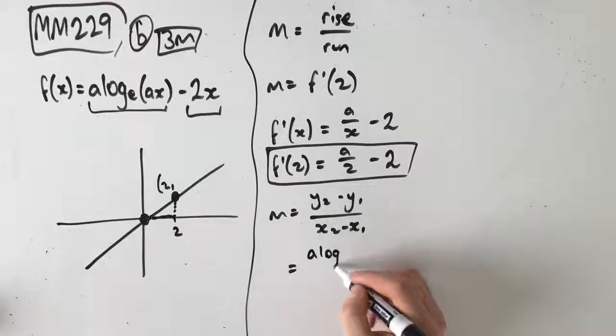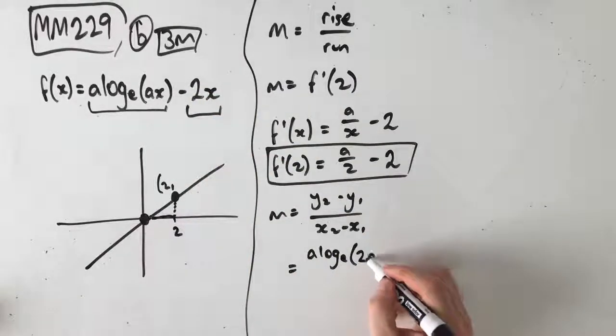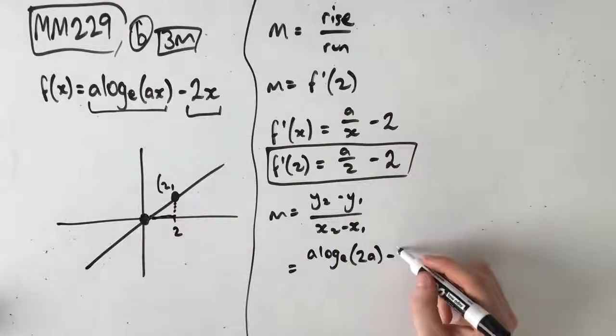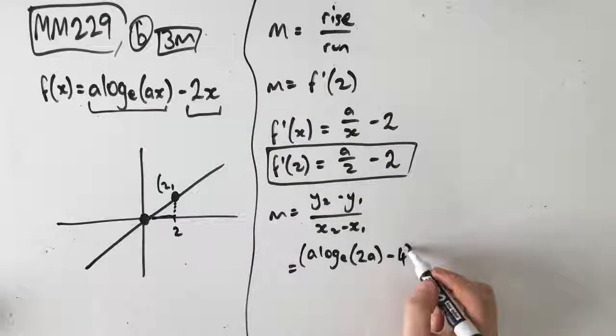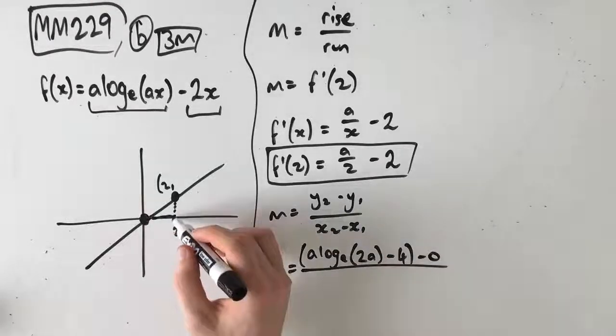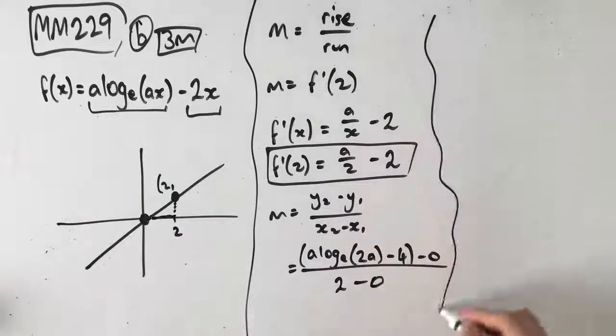So a log e of, we know that our x value is 2, so we get a log e of 2a minus 2 times 2 because x is 2, so minus 4. Our second y value is 0. First x value is 2. Second x value is 0.